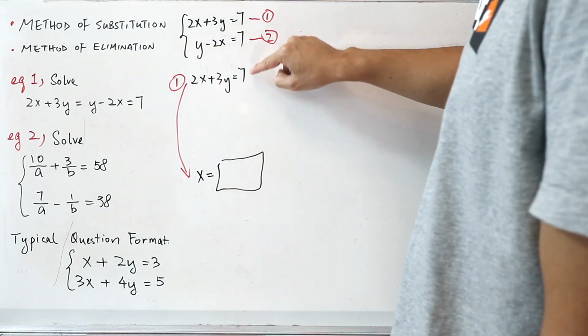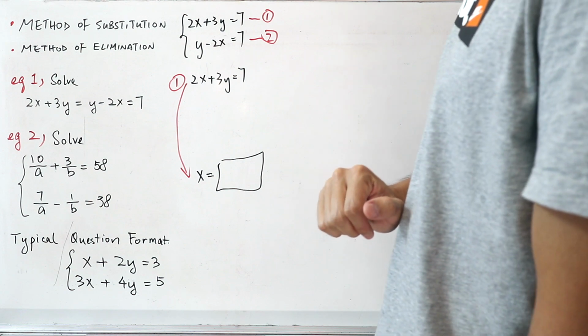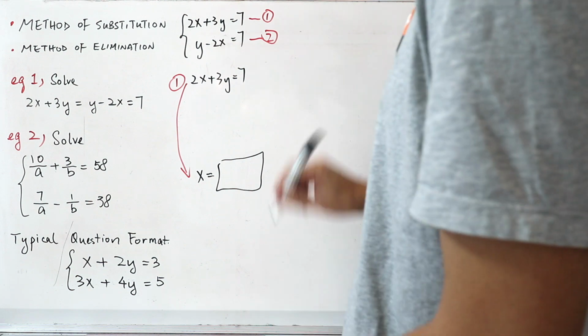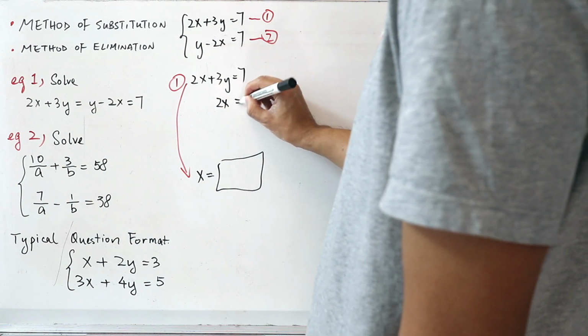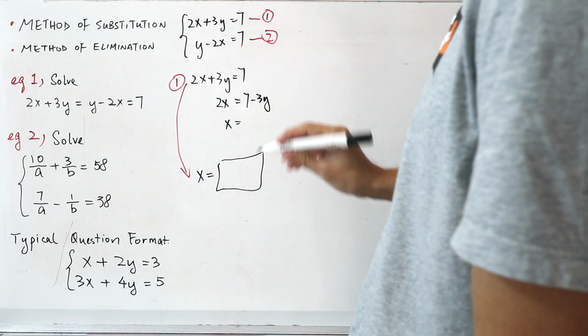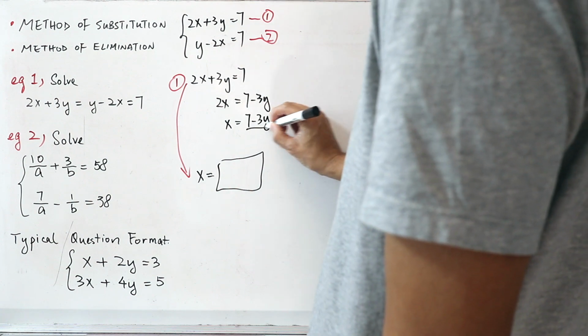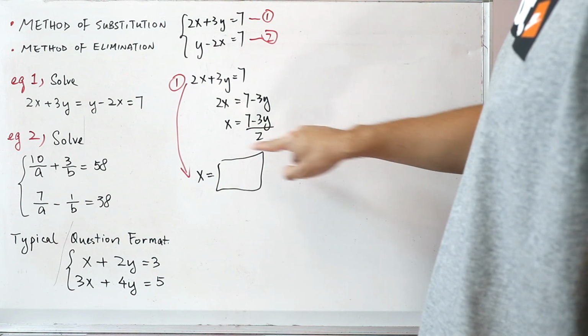So how do we go from this step to this step? It requires some very basic mathematical operation. First, you want to move 3y from the left hand side to the right hand side. Now we divide both sides by 2. Okay, so we have reached this step. x is being the subject of this equation.